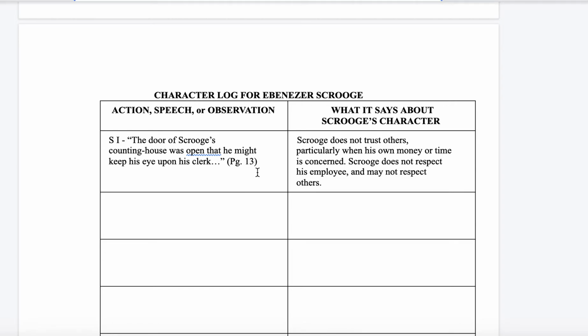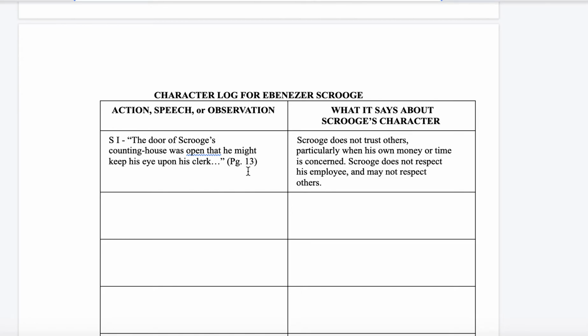Something else I want to point out very quickly before we get into this. I took this text from the actual hard copy of my novel, A Christmas Carol. So the page number may not match with the PDF form of the text that I have provided for you.